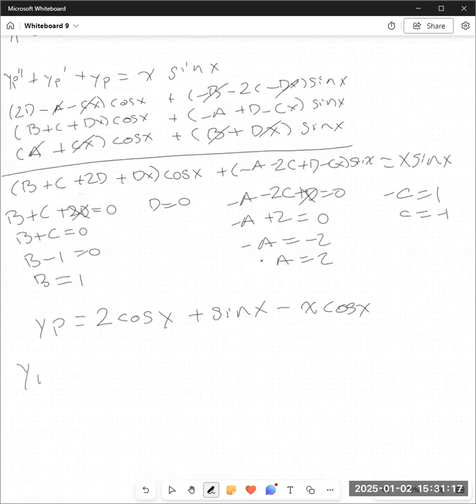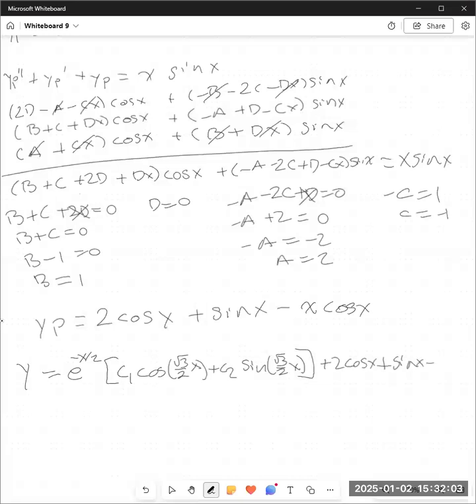So my total answer, which is my yc plus my yp, is going to be e to the negative x over 2 times c1 cosine root 3 over 2 x plus c2 sine root 3 over 2 x, plus 2 cosine x plus sine x minus x cosine x.